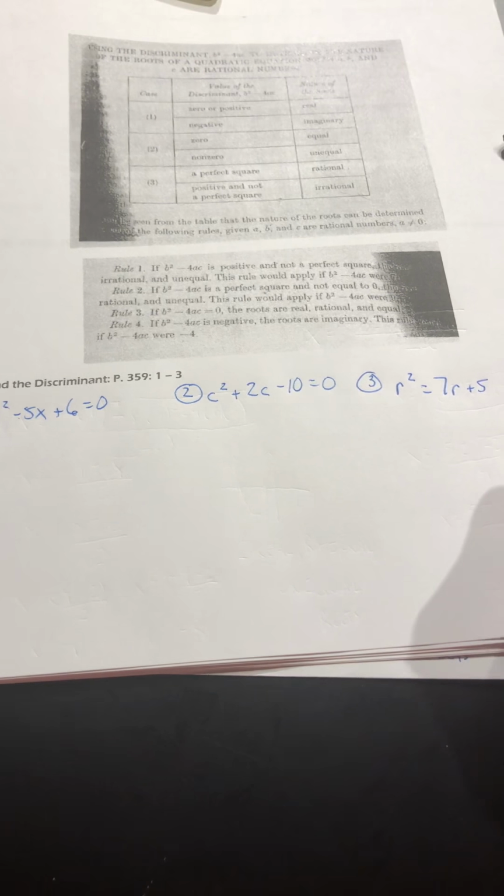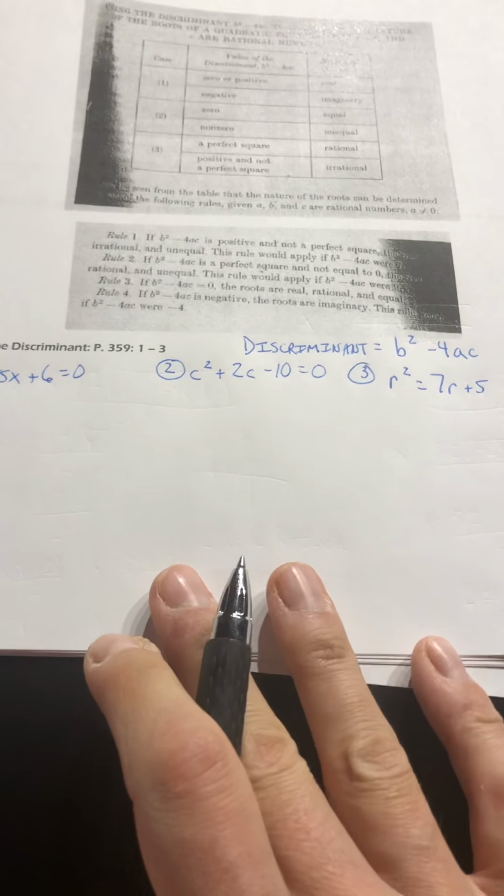And we're asked in the instructions for these to find the discriminant. That's it. So remember, our discriminant, and we're going to write it right here, is equal to, once again, what's underneath the radical, the quadratic formula. B squared minus 4ac. So that's all we're going to do.